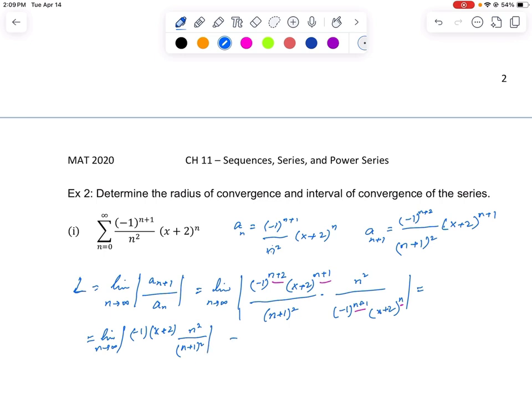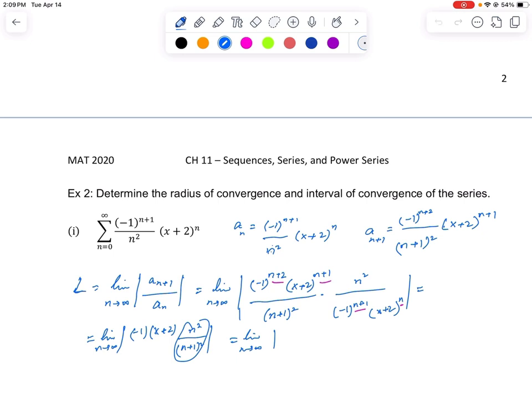Now notice here that the negative sign would go away, and the limit is going to be on n squared over n plus 1 whole squared. That can be pulled out of the absolute value, because n is not going to be negative, so this term is not going to be negative.